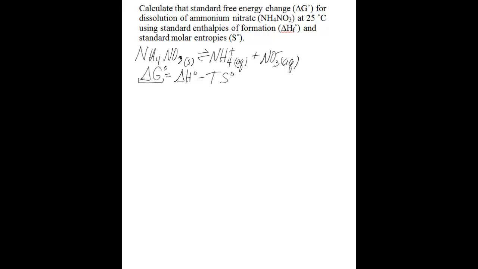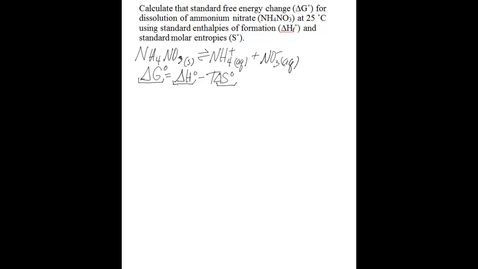But in this case, if you're using the standard enthalpies of formation and the standard molar entropies to find the standard free energy change, then you need to first calculate the enthalpy of reaction and the entropy of reaction. So this is what you use the standard enthalpies of formation and the standard molar entropies for.